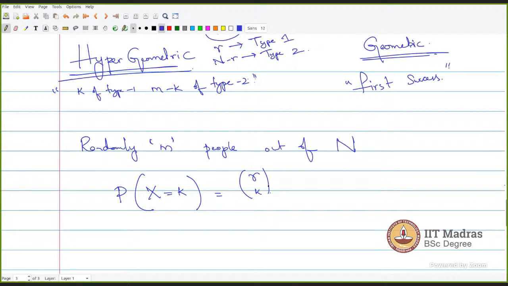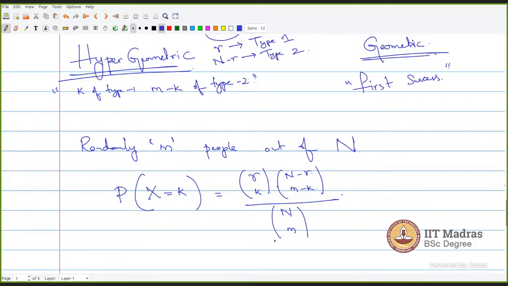See, because there are R people from type 1. Out of those R people, k people should be selected, k people should be there in my random sample m, and the other people should come from the N minus R. So this should be N minus R choose m minus k, divided by the number of ways I can choose m people out of N, N choose m.